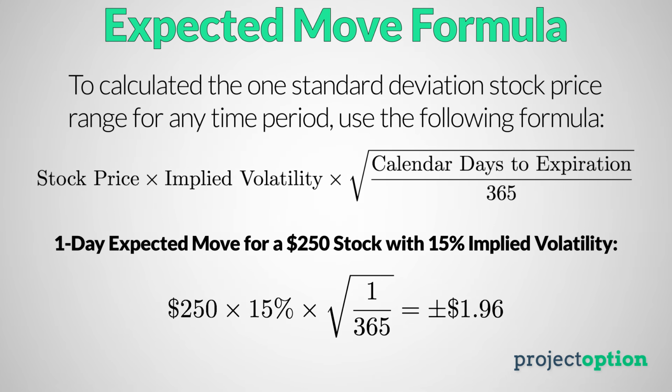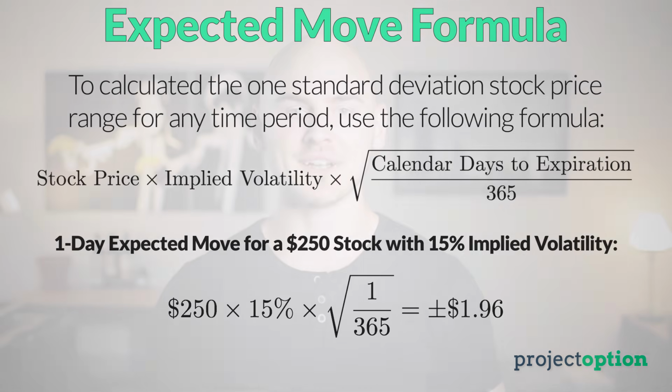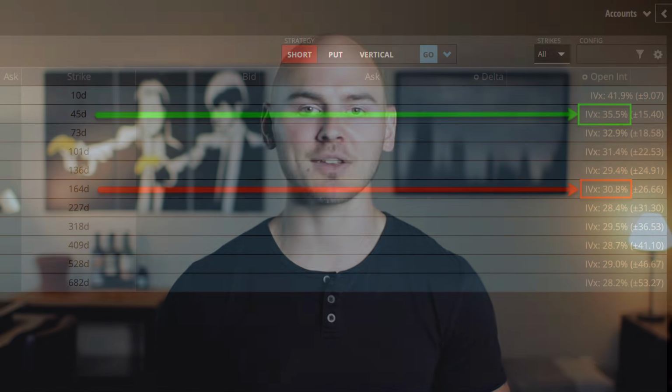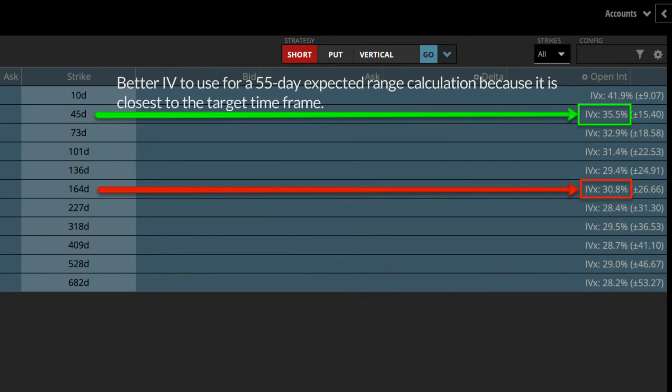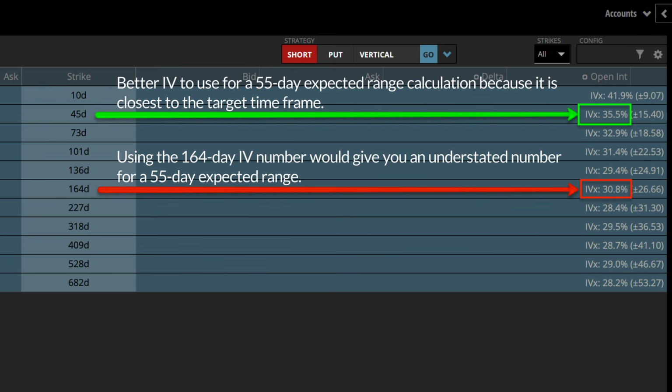When performing this type of calculation, it's important to use the implied volatility of the expiration cycle that's closest to your target time frame. For example, if you're trying to calculate a 55-day expected range, it would be better to use the 45-day expiration cycle's implied volatility as opposed to a 180-day expiration cycle's implied volatility.